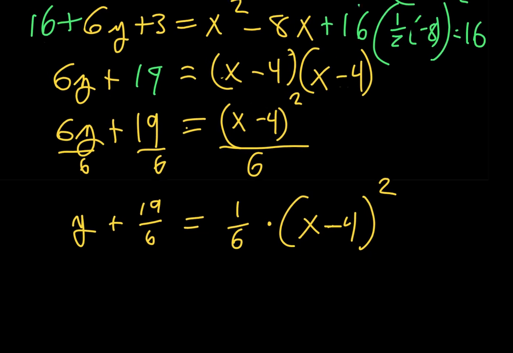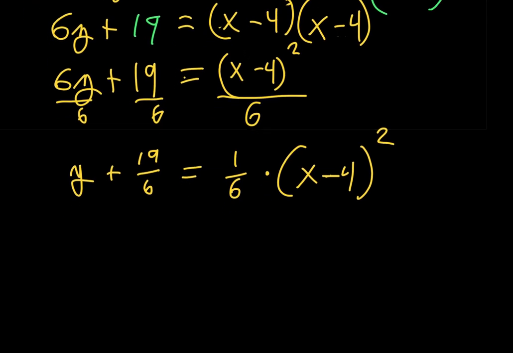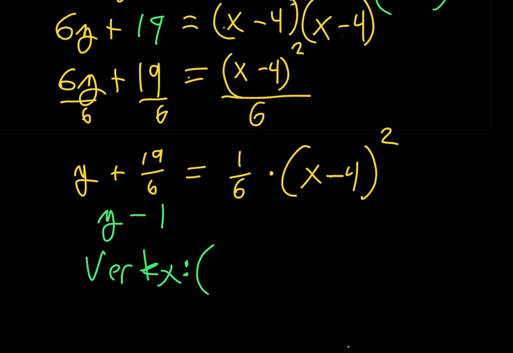What that allows me to do is then say, all right, what is the vertex? When I'm looking at this, I can rewrite the equation if I want, y minus k equals a times x minus h squared.